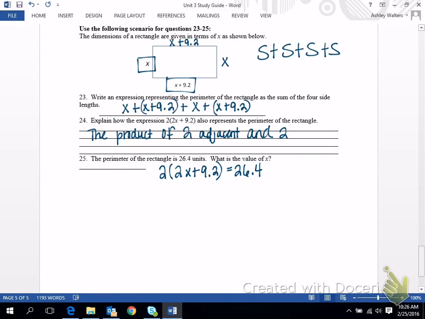You would first distribute, getting 4x plus 18.4, and that'll be equal to 26.4. You'll subtract 18.4 from both sides, and 26.4 minus 18.4 will leave you with 8. So 4x is equal to 8. Divide by 4, and x would be equal to 2. So in this case, our x value is 2.